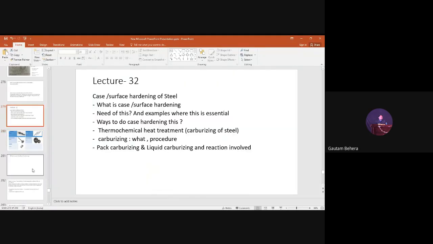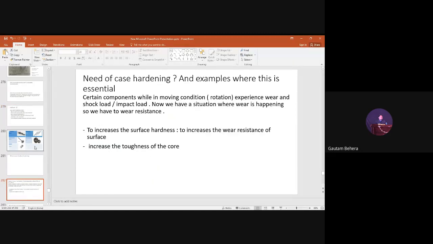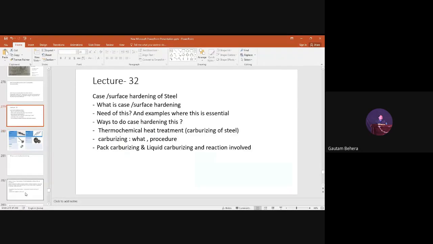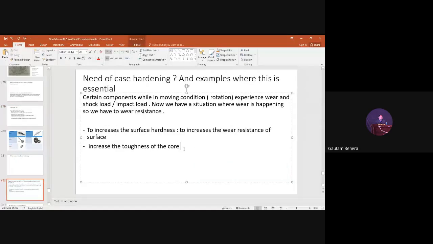Better to write tough. So in this material we have high hardness at the surface, and at the center we have high toughness. So that is why we are doing case hardening or surface hardening. That means we are increasing the hardness of the surface or the case.